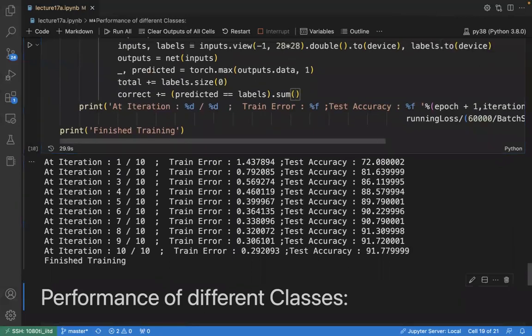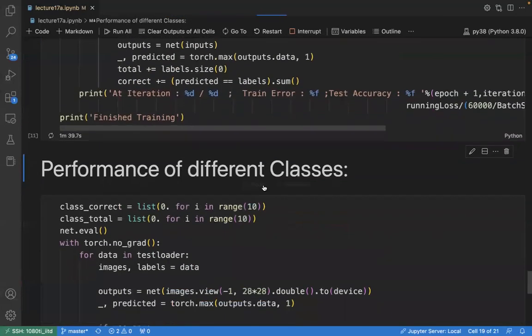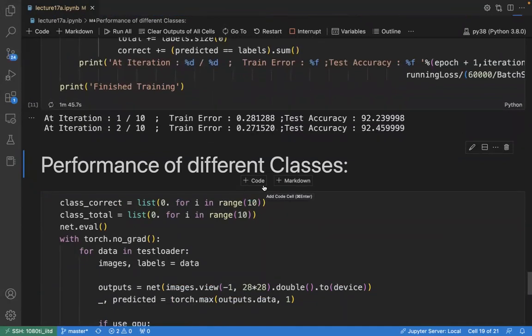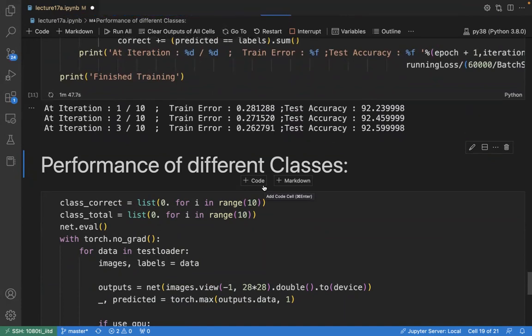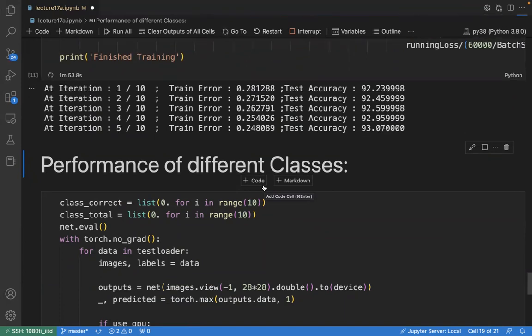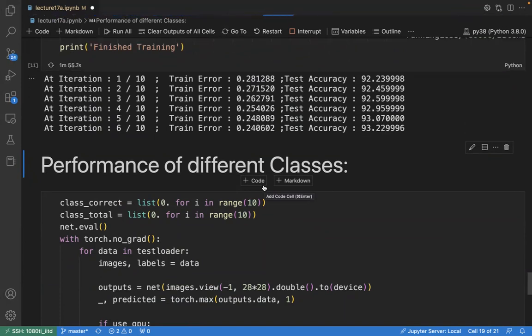Let me run it again to gain some more accuracy. Let's go till 95 and see if it is giving 95 or less than that.